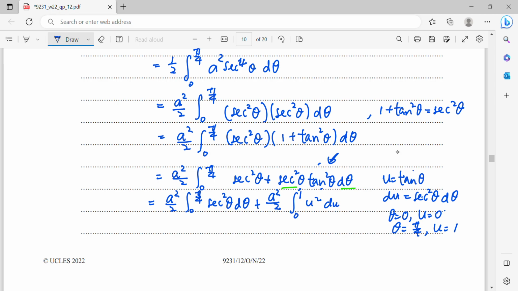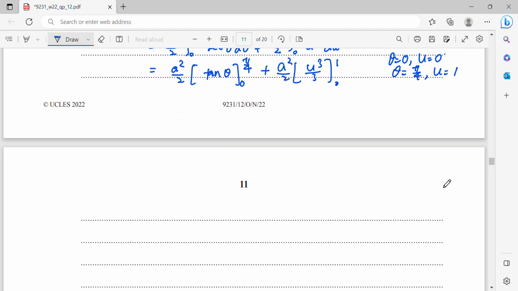All right. So now when you do integration, integrating sec squared theta is basically tangent theta. Then the next is going to be u cubed over 3, limits from 0 to 1. All right, so now let's continue. Tangent pi over 4 minus tangent 0 plus u cubed over 3.